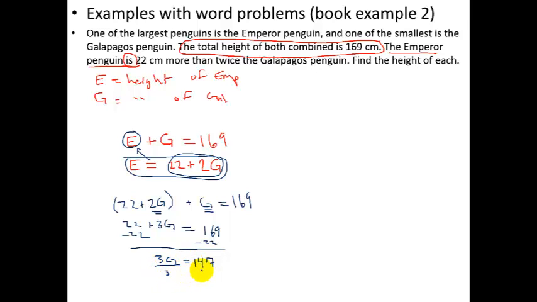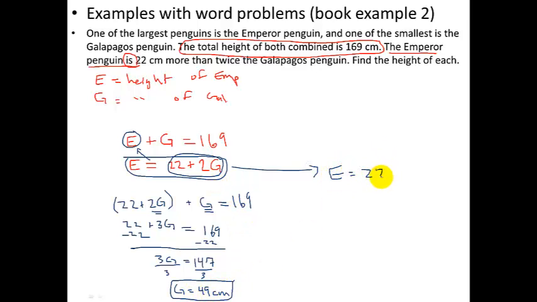And then I can divide by 3, and I get G equals 49, and my units of height for all these are centimeters. So the height of a Galapagos penguin must be 49 centimeters. And for the emperor penguin, I can use this equation to get the height by plugging this value back in.